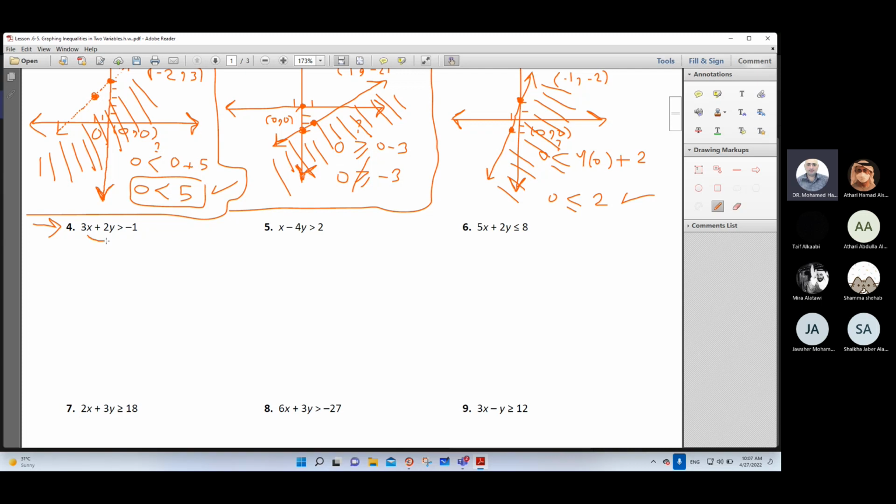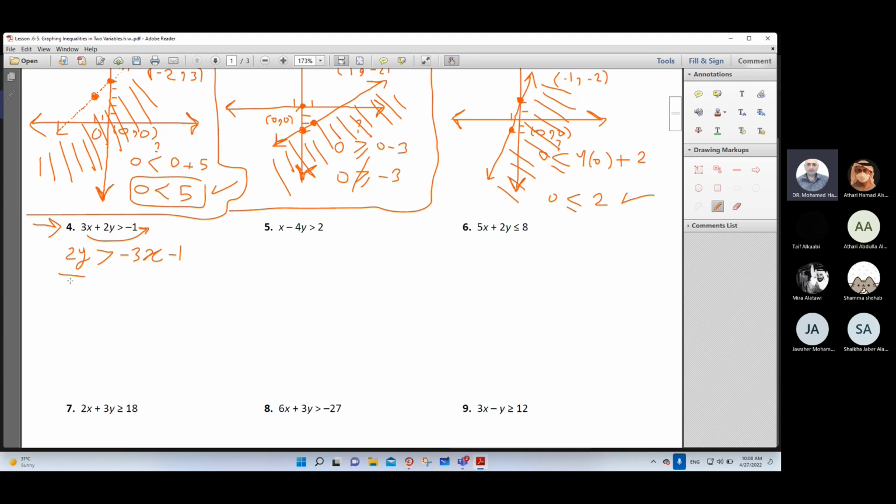So we can move 3x to the other side. So we can write here 2y greater than, 3x will be minus 3x, minus 1. Then try to remove the 2 from the side.